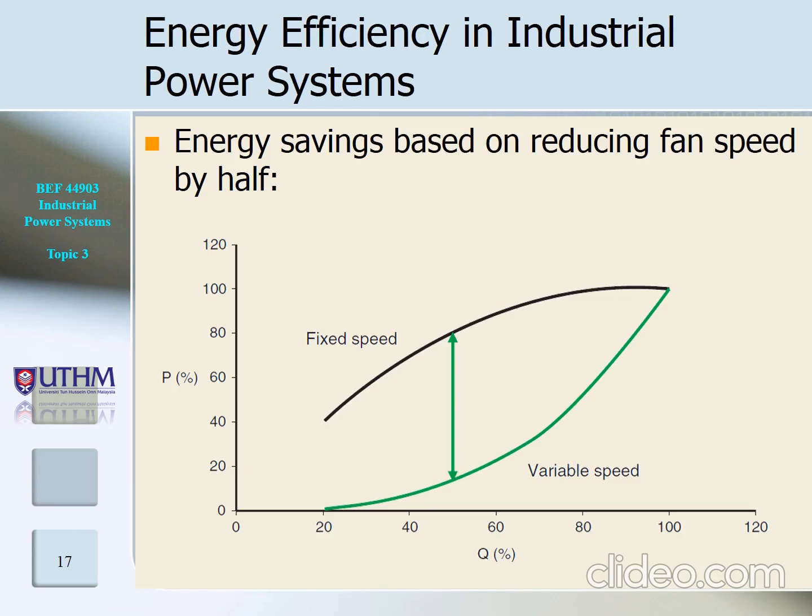And for fixed speed, the percentage of energy is about 80%. So for variable speed, the percentage of P is lower compared to fixed speed.